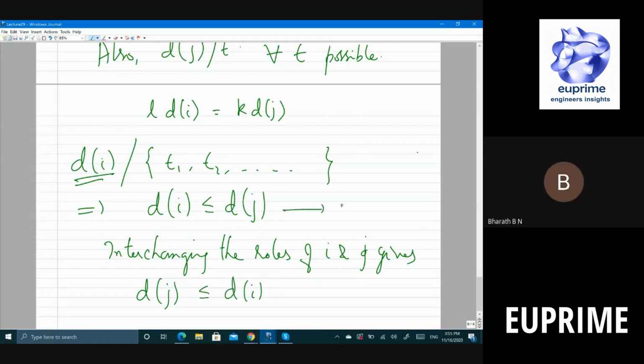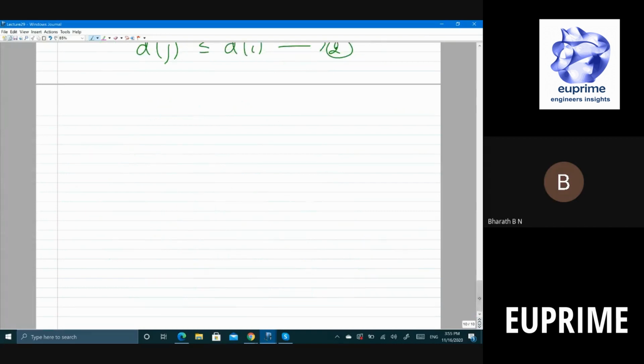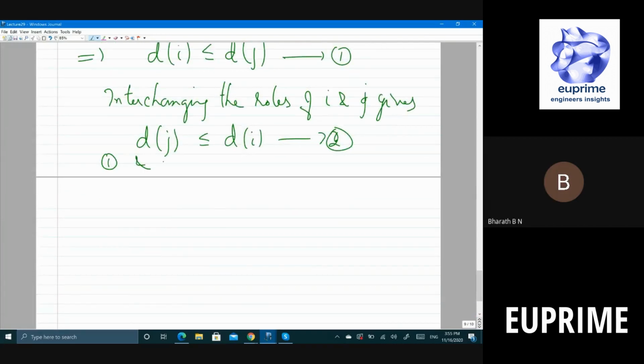So 1 and 2 imply d of i equals d of j. So this results in the following theorem. I'll write the theorem and I'll ask if you have any questions. For any Markov chain, finite or countably infinite states, with S countable. I'll write it like this.